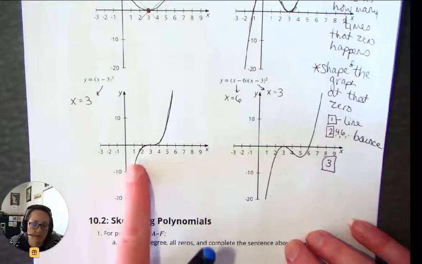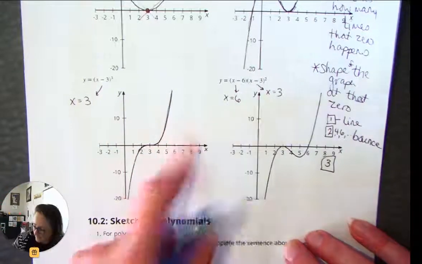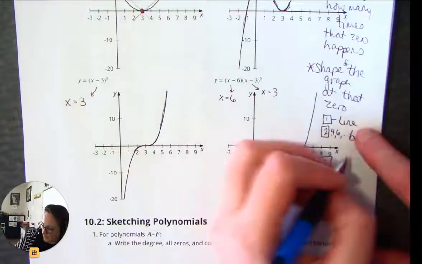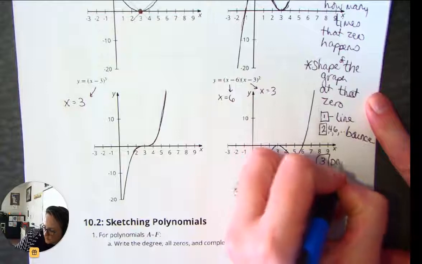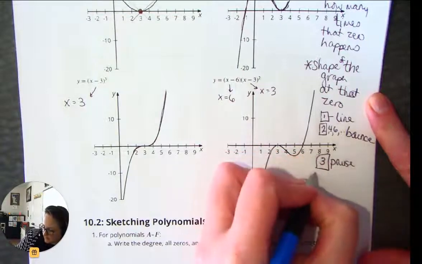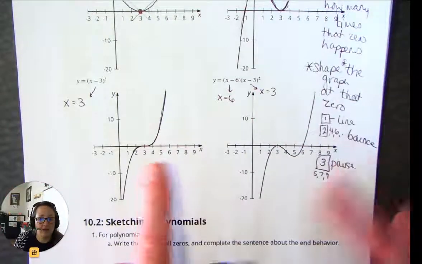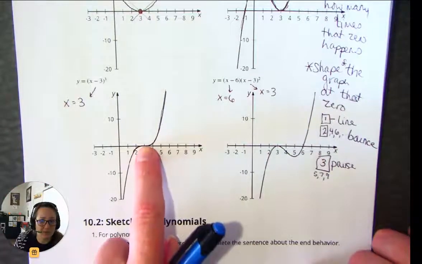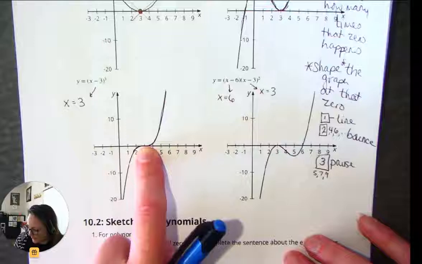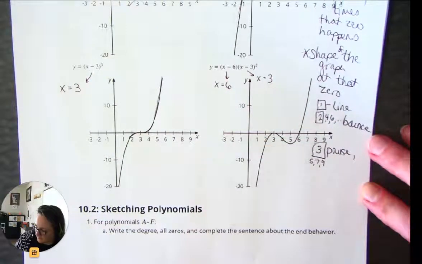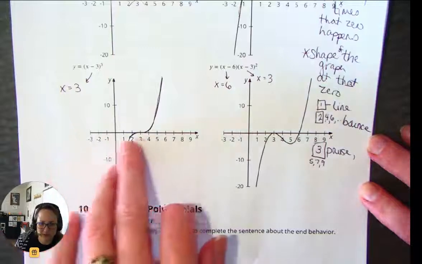So it looks like a third degree polynomial is just going to take a little pause there. And again, this is for degree of 5 and 7 and 9. The more we have, the longer that horizontal pause is going to be. So it does a pause, or I don't know, what should we call that? A little plateau?